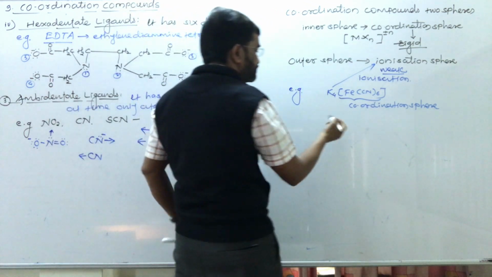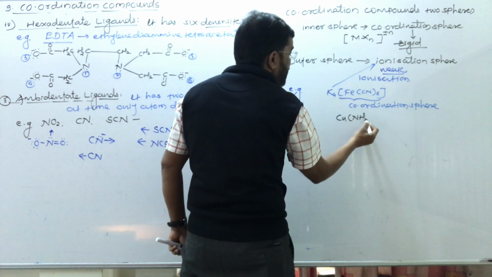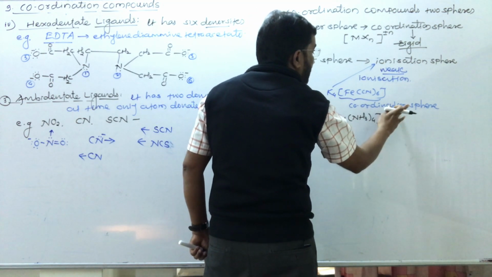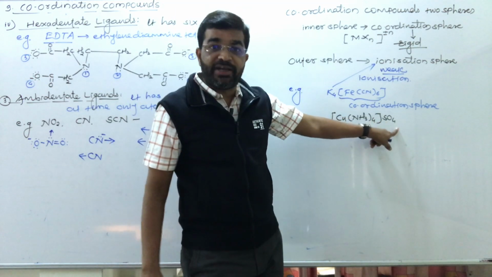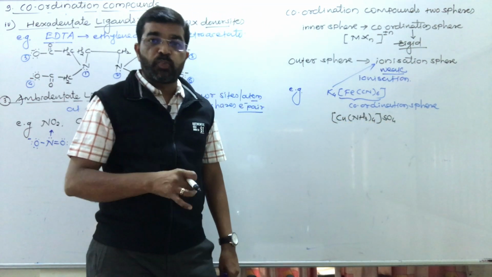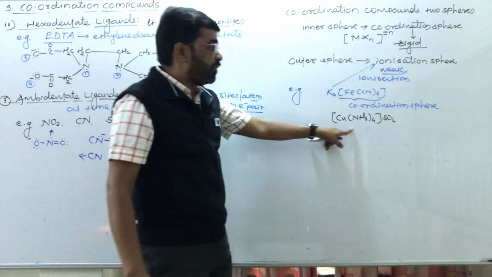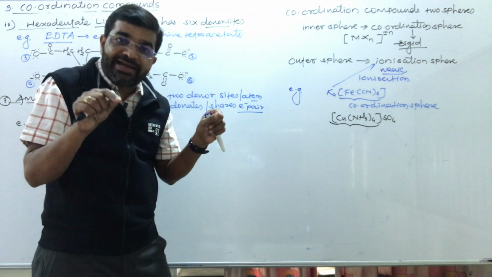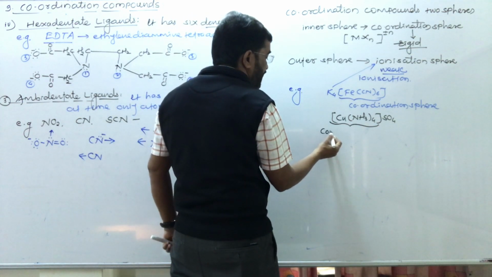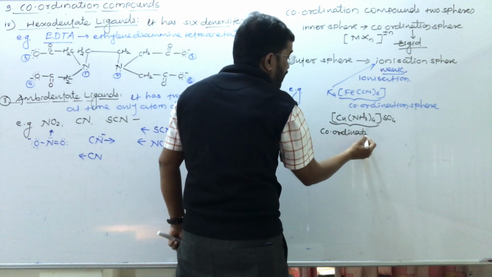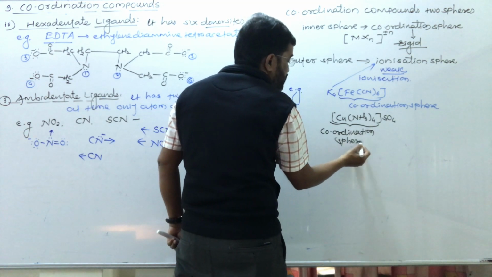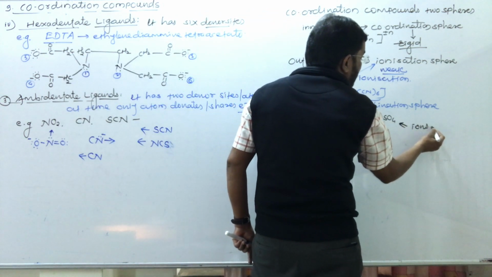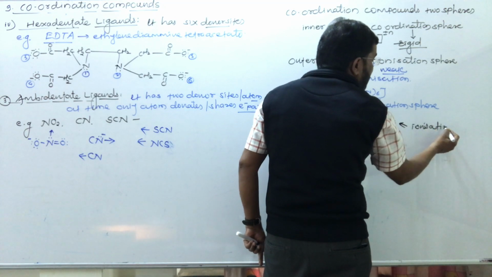Or another one, that is [Cu(NH3)4]SO4. Okay. The name of this coordination compound is cuprammonium sulfate. In cuprammonium sulfate, whatever species are written inside the square bracket, that is the coordination sphere, and the species written outside the square bracket is the ionization sphere.